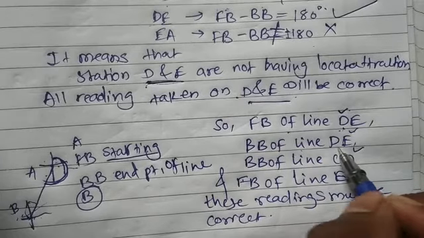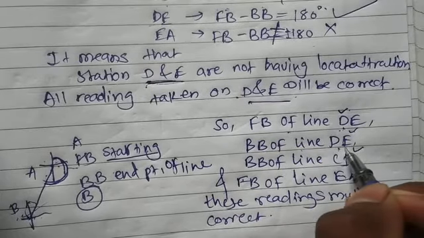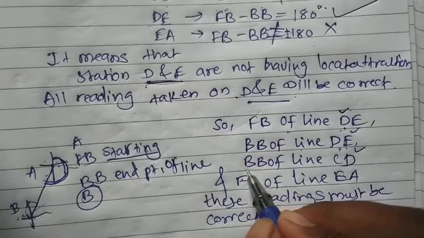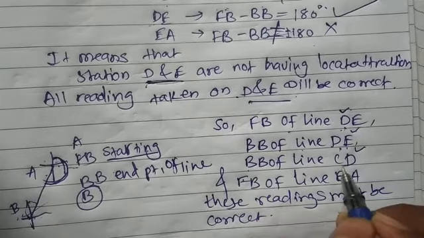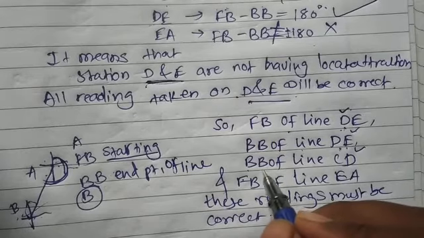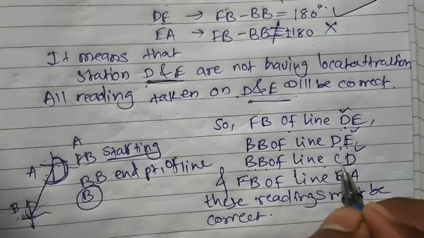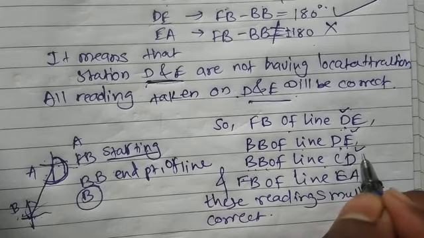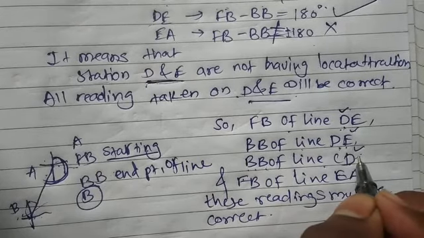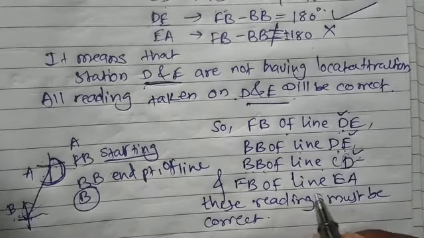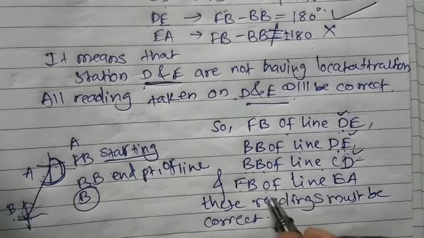The back bearing of line DE is taken at E, so it will also be correct. The next bearing is the back bearing of line CD, which must be taken from D. So this should be correct as it is taken from D. And the last one is the fore bearing of line EA.